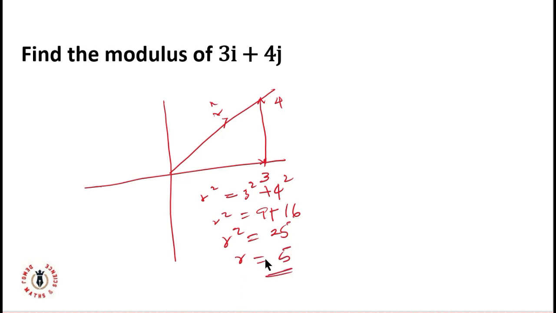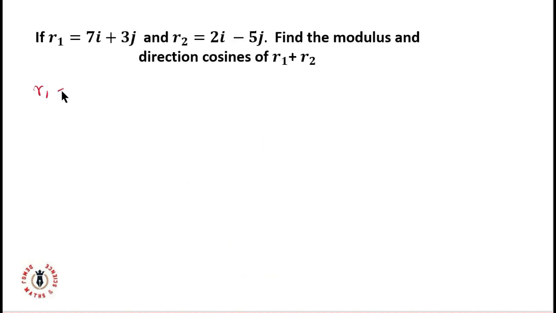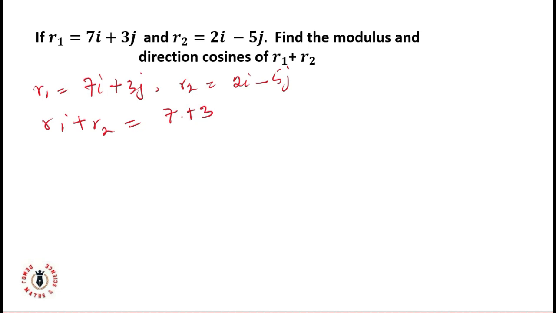Let's see a second example. If r1 is equal to 7i plus 3j and r2 is equal to 2i minus 5j, r1 plus r2 will be the same thing as 7i plus 3j plus 2i minus 5j.